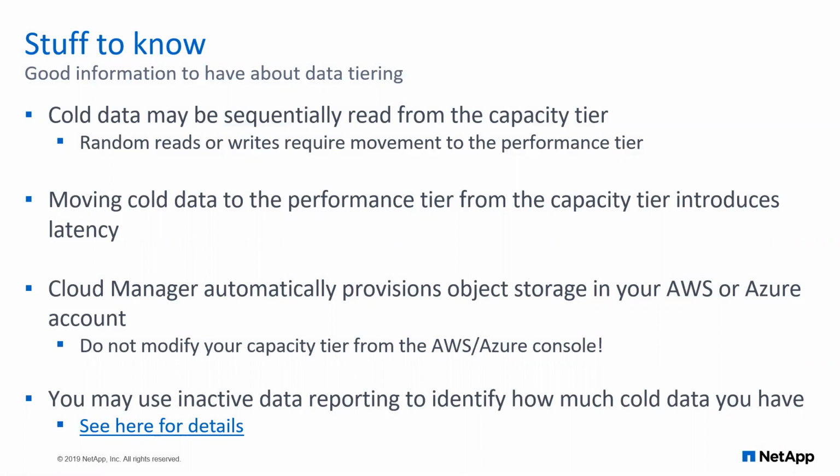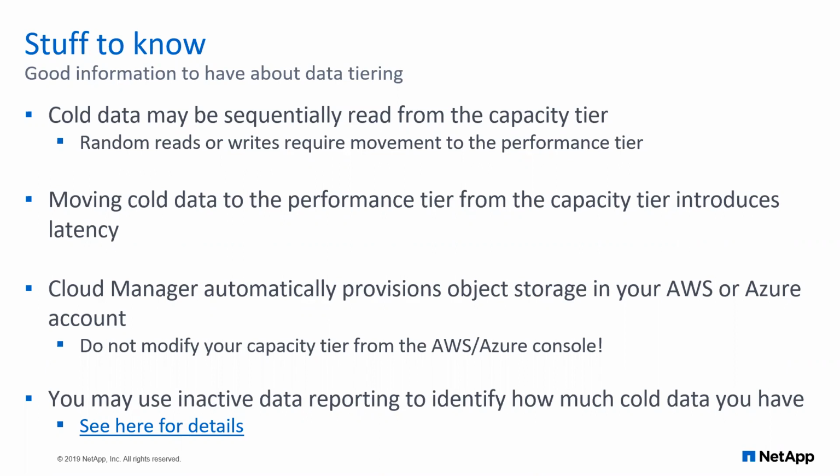And I think the biggest reason why I like to mention that is virus scanning, right? If you're doing virus scanning on a volume, then that's not going to be sufficient to bring it back into your performance tier. That'll stay in the capacity tier. Anytime data is read randomly or written to, then we definitely have to bring it back to the performance tier for that.